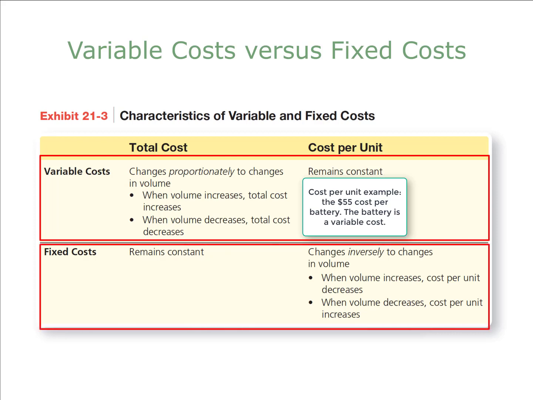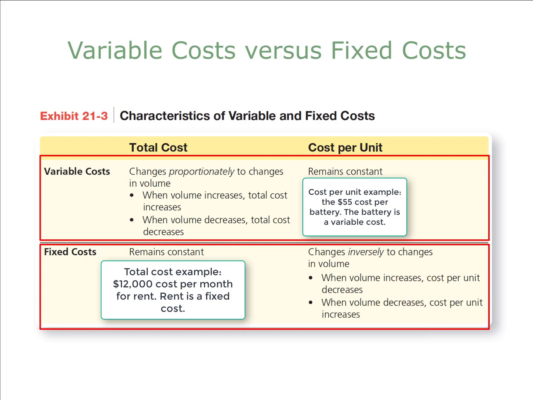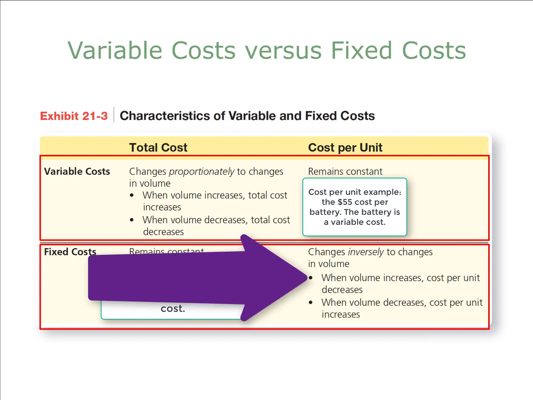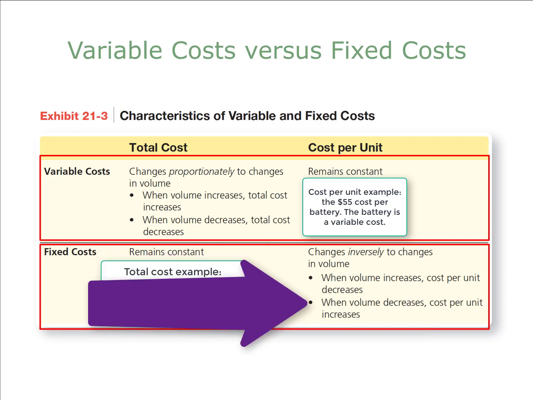With fixed costs, it's the exact opposite. Total fixed costs remain constant when we compare to volume. Our example was the $12,000 of rent per month, but fixed costs per unit change inversely to changes in volume. When volume increases, fixed costs per unit decrease. When volume decreases, fixed cost per unit increases.